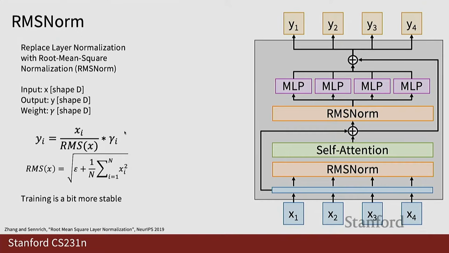Again, these are all empirically shown to be better options. Although there are some justifications for why they work well, mostly the reason for adopting these is the fact that they make the training more stable.